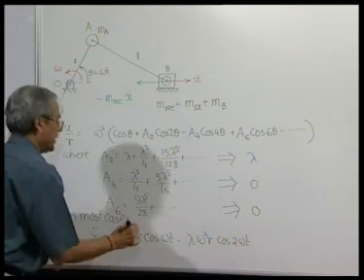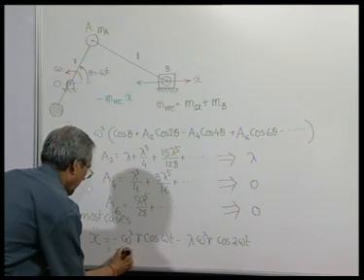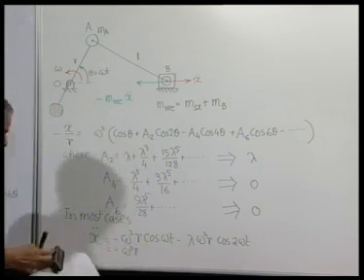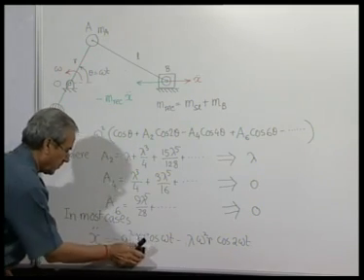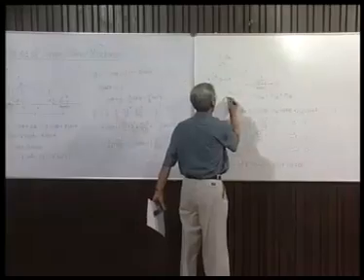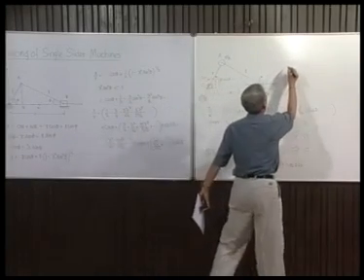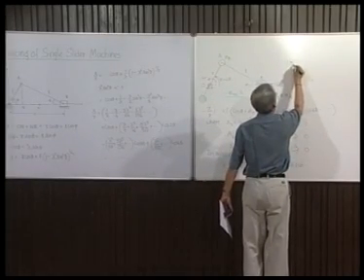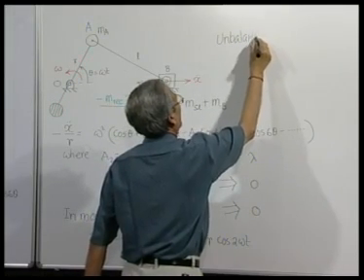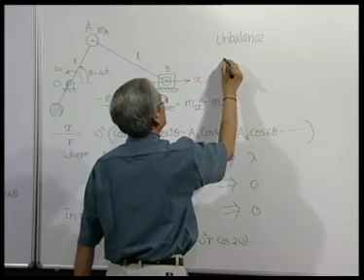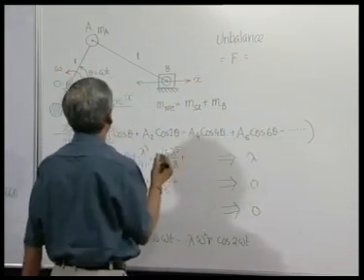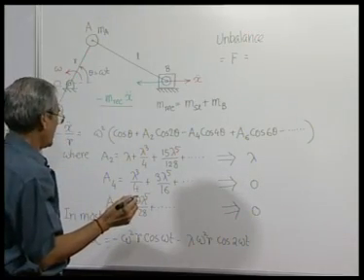So, this can be written as minus omega square r. Let us write the unbalanced force now. The unbalanced force is given by a force which is equal to m reciprocating x 2 dot.